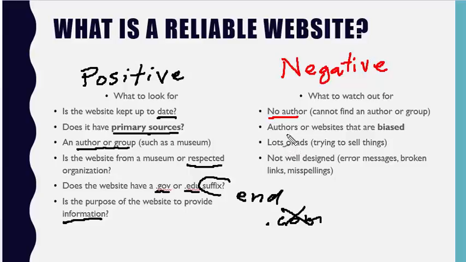You can't find anybody or any group or organization responsible for the information. Another is websites that are biased. We'll talk about what bias means later. It has lots of ads, right? If the website's trying to sell you something, you see a bunch of ads popping up. That's not good. And finally, it's not well designed. There are error messages, broken links, and misspellings.